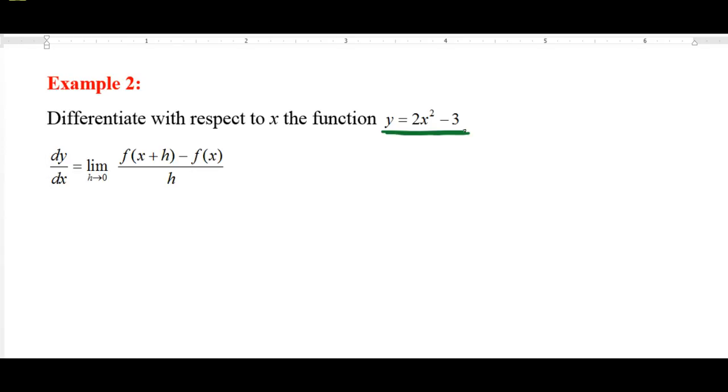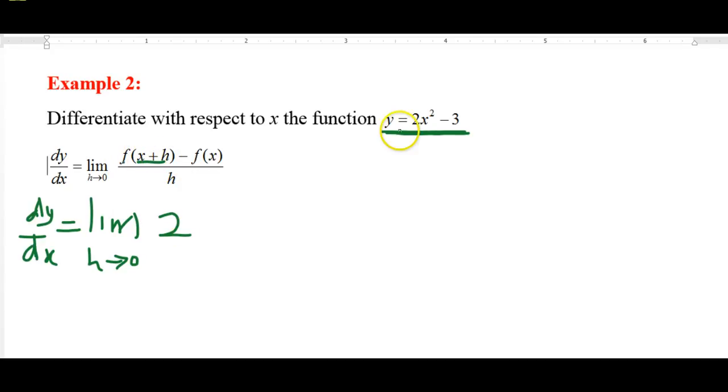Now, using the formula, dy/dx is equal to the limit as h approaches 0 of [f(x + h) minus f(x)] over h. Now, we are writing the function 2. Whenever we see x, we put this function there, because it's saying f of x plus h.